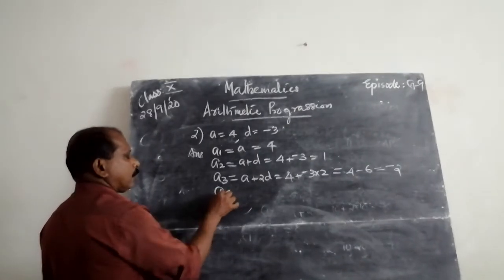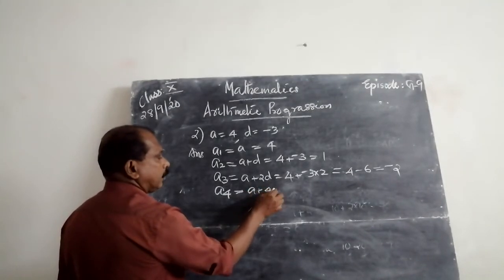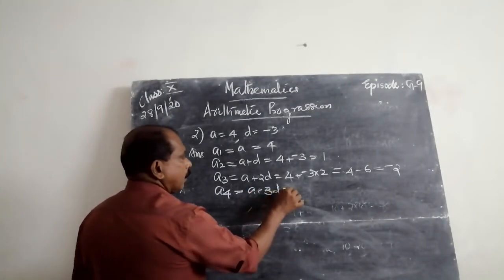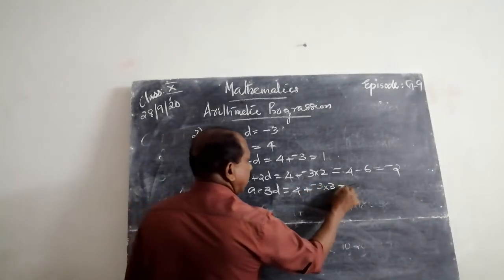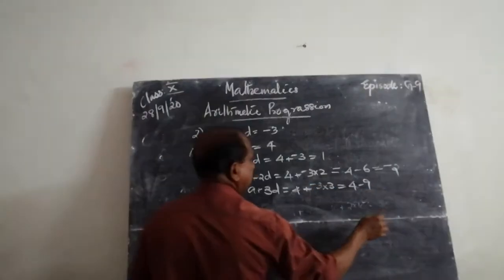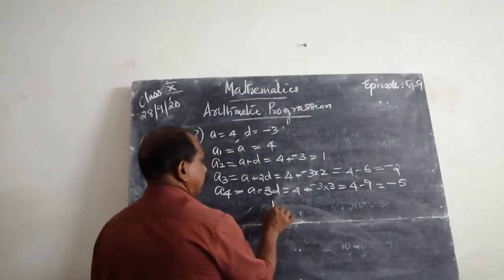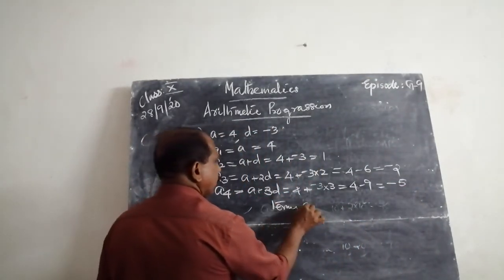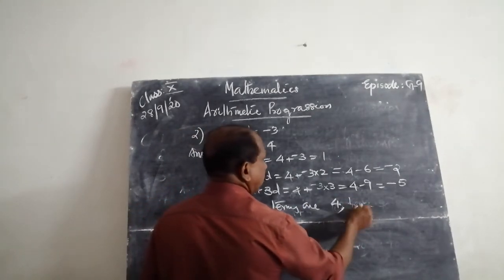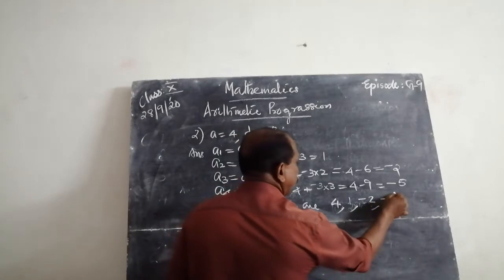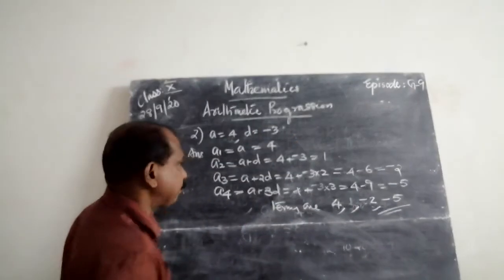Then a4 is equal to a plus 3d is equal to 4 plus minus 3 into 3 is equal to 4 minus 9 is equal to minus 5. Therefore, terms are 4, then 1, then minus 2 and minus 5. These are the answers. Okay.